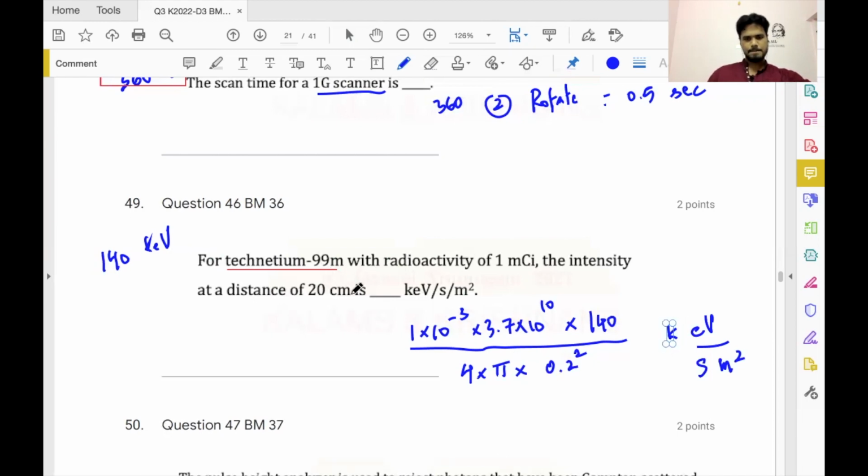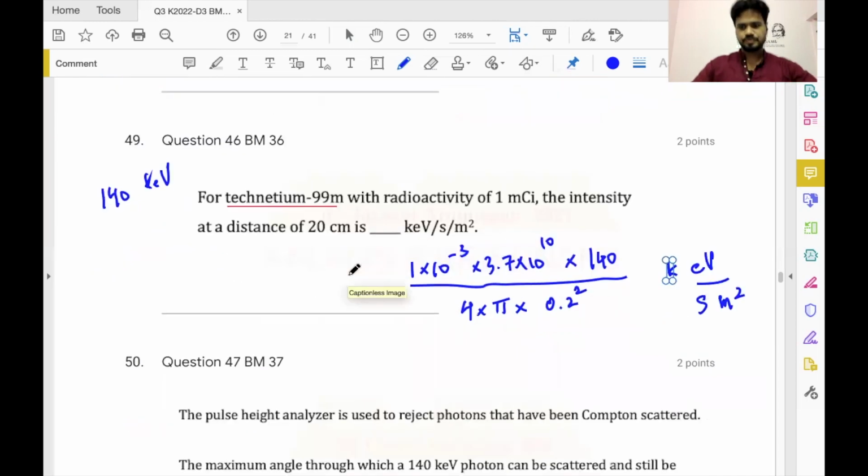What is that? We are getting slightly different answers. 10 power minus 3 into 3.7 into 10 power 10 into 140 divided by 4 divided by 3.14 divided by 0.2 square.